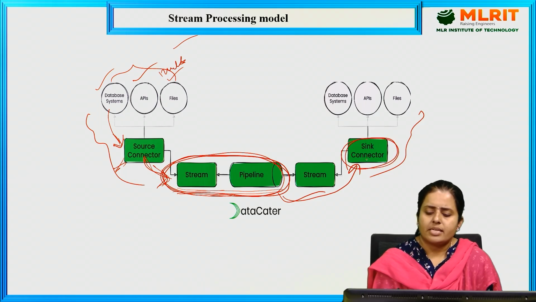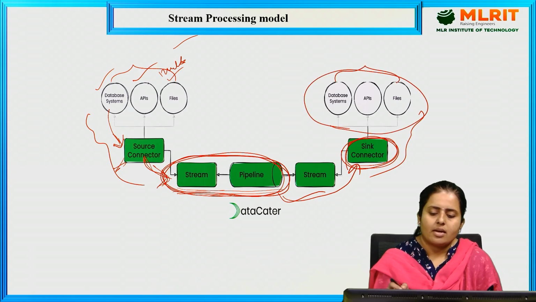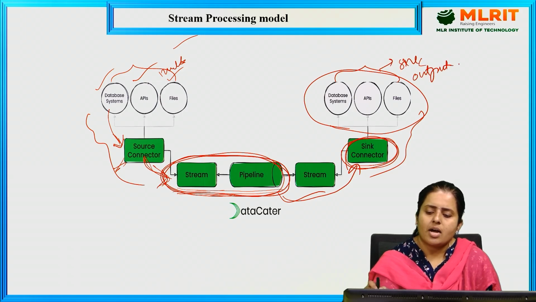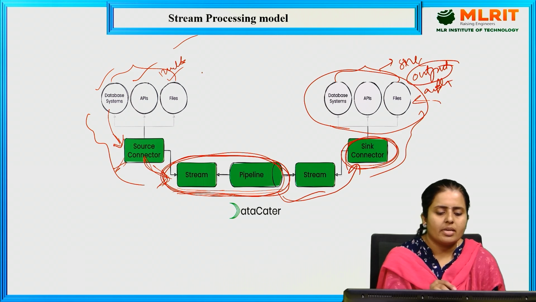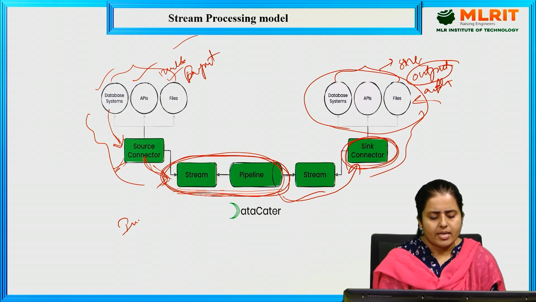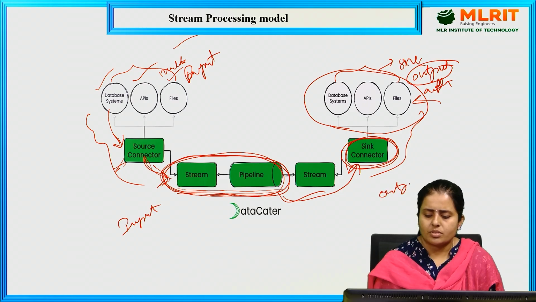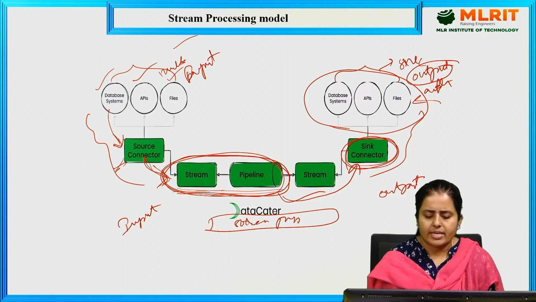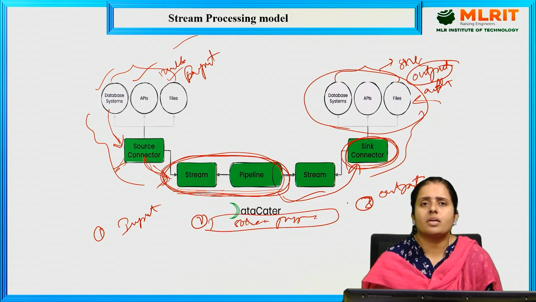Here the sink connector will store the data on multiple sinks. Here we can use the same data sources as data sinks, but here we are storing the output after analysis. We are storing the output on the same devices, where earlier we were taking it as an input. We can say this is the input sources and this is the output sources, and in the middle there is a stream pipeline. So the stream processing programming model works in a 3-step model.